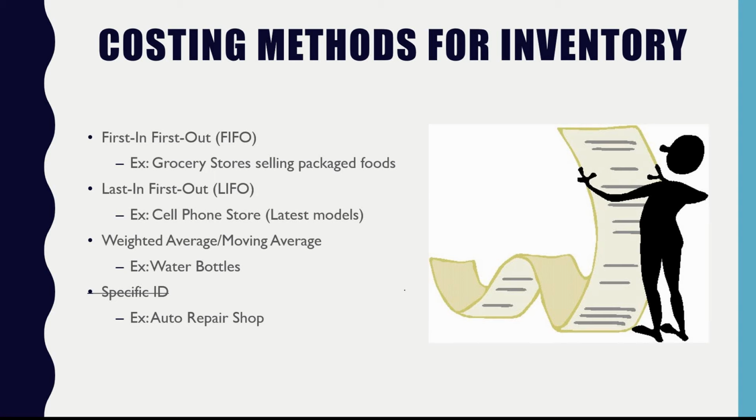Now, in this case, when we look at the costing methods, it actually depends on what kind of product you are selling. And I will explain each one on which one would be preferred, all right? So first in, first out is basically where every purchase that you make in terms of batches, right?